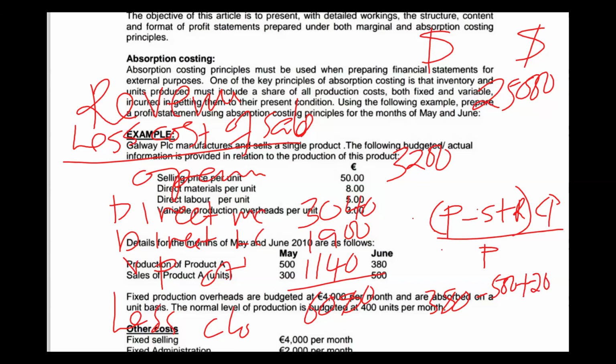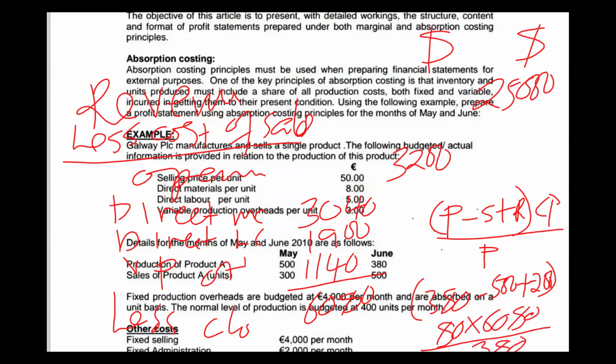The remainder was 200, isn't it? You know where the 200 is coming from? Production in May was 500 and we sold 300. So 200, that's it. So when you deal with that, that gives you 80. 80 times the cost now, which is 6080, and everything divided by 380, which are the units produced.